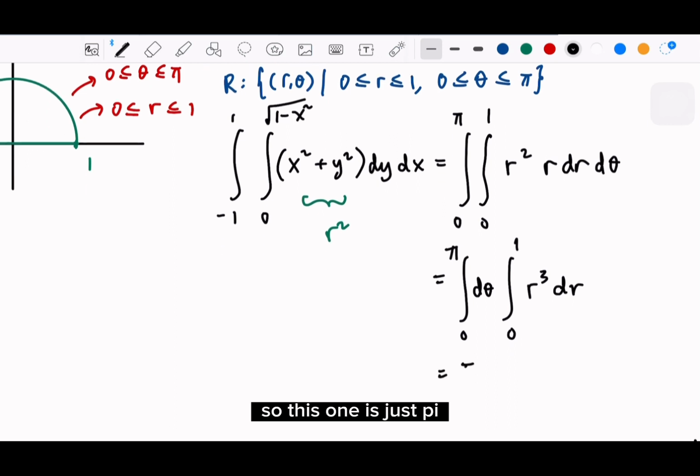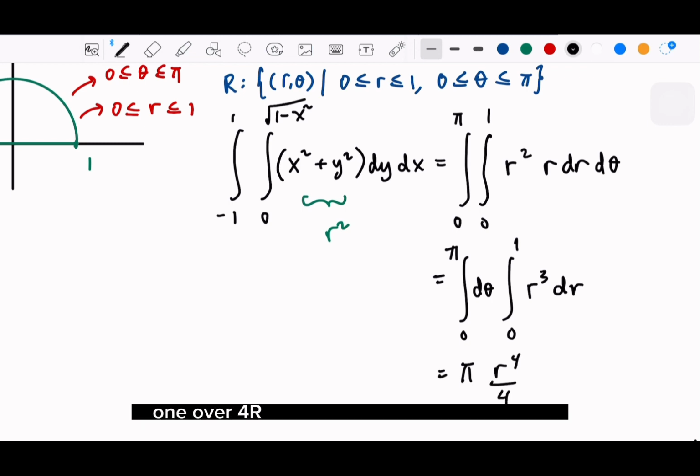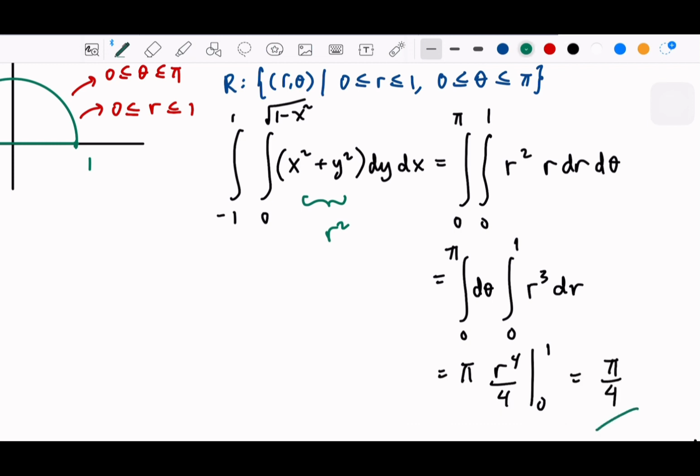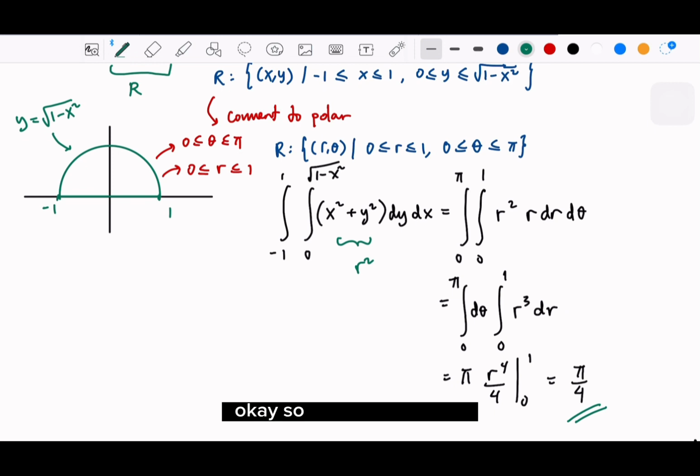So this one is just pi, and then r cubed becomes 1 over 4 r to the power of 4, from 0 to 1 over there, and then this is simply just pi over 4. Okay, so if you compare forcing your way here with these short steps, I think the polar method will be much more convenient.